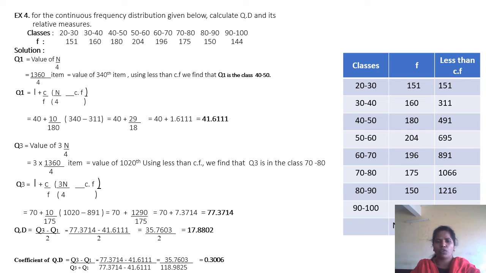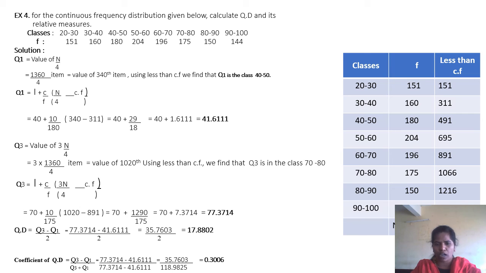So ultimately we follow the same procedure as in the previous problem I solved. L is 70 plus C is 10 divided by F, which is 175, times 3n divided by 4 item, which is 1020, minus CF, which I told you is 891.